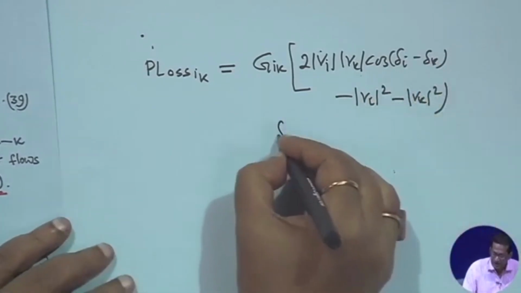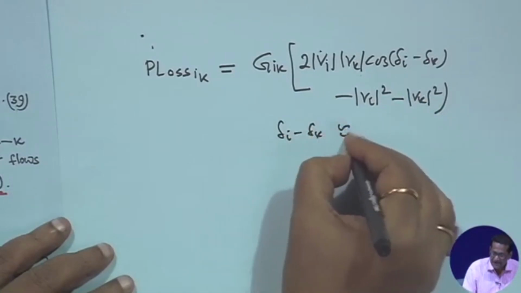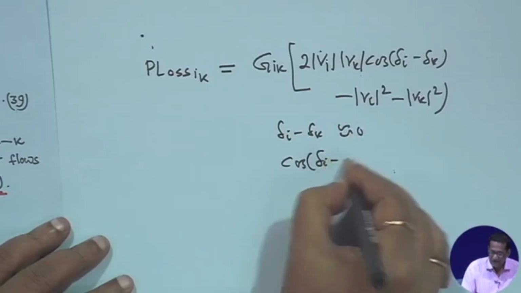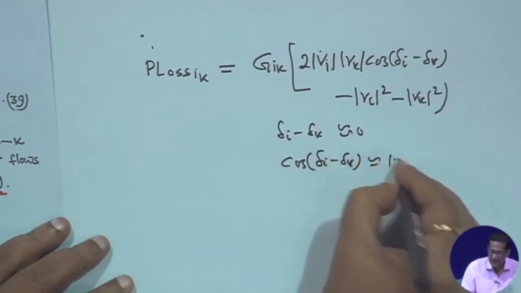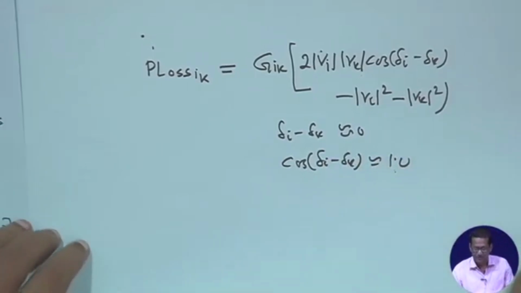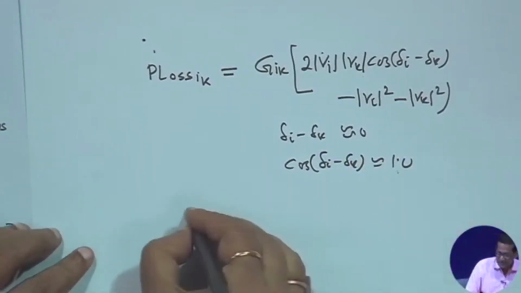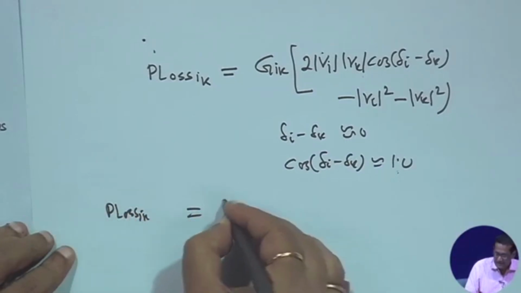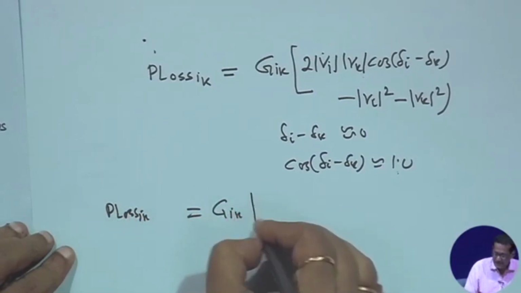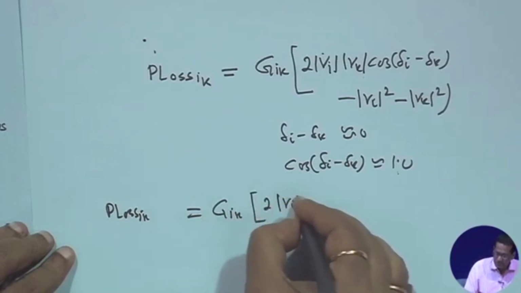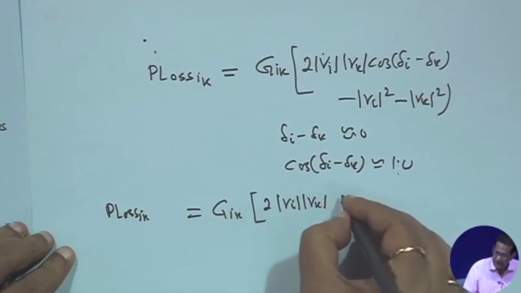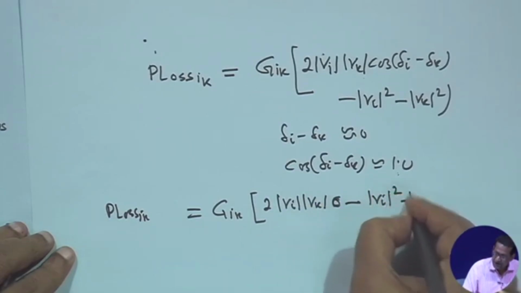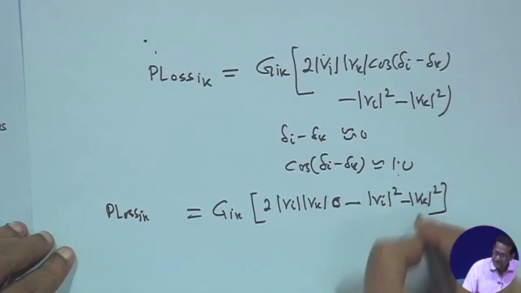Now, if you take delta i minus delta k approximately 0, then cosine delta i minus delta k is 1, right. So, if it is so, that means this P loss ik can be written as G ik, that 2 Vi Vk then minus Vi square minus Vk square.